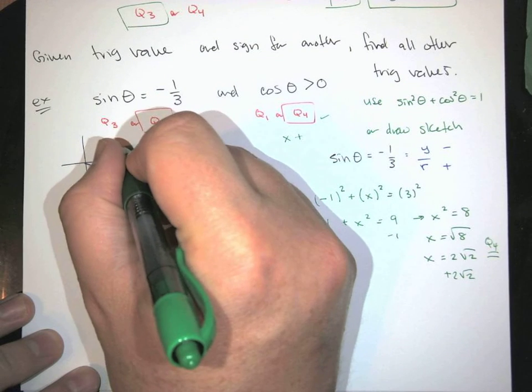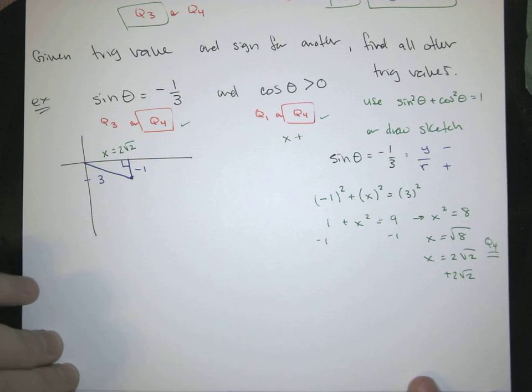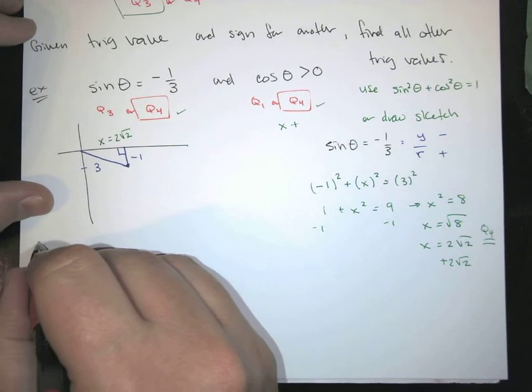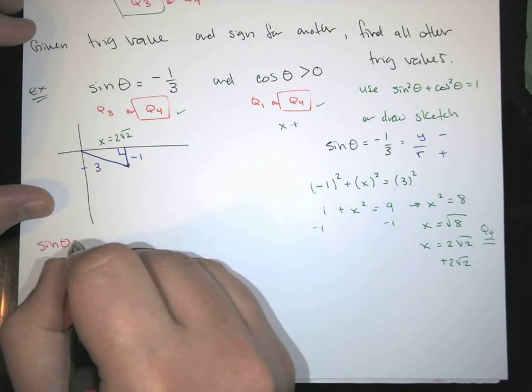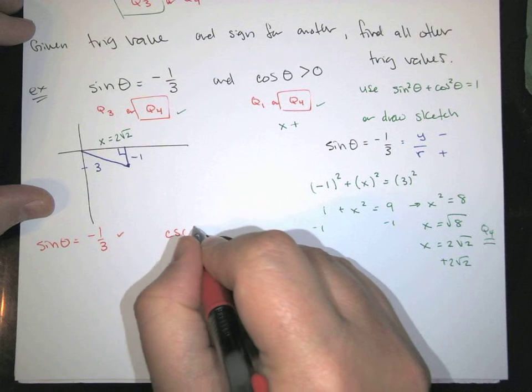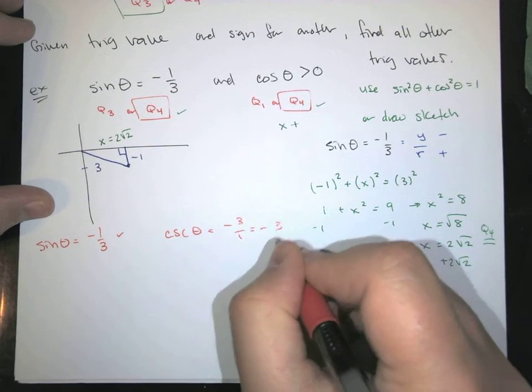So I can sub that into my sketch, and then I can do either x, y, r setups to get these other functions, or just use the triangle as a reference. I'll list everything out to get it all in order. We know already sine of theta is -1/3. That means, by definition, cosecant, we just flip it, -3/1, which would be -3.